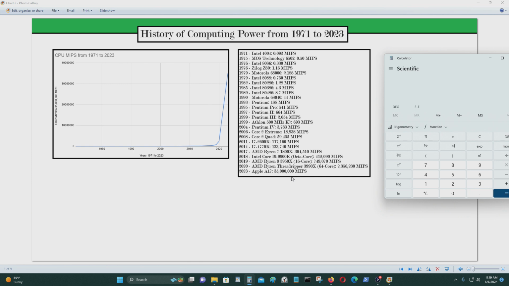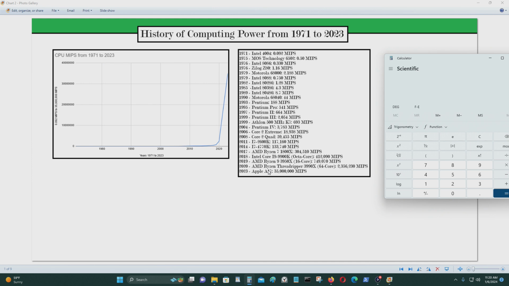And as you can see, a Cray computer back in 1985 took up the size of a room, and it has less power than, I guess, any of these CPUs. It's got less power than an i7 2600K, and much less power than an Apple A17.